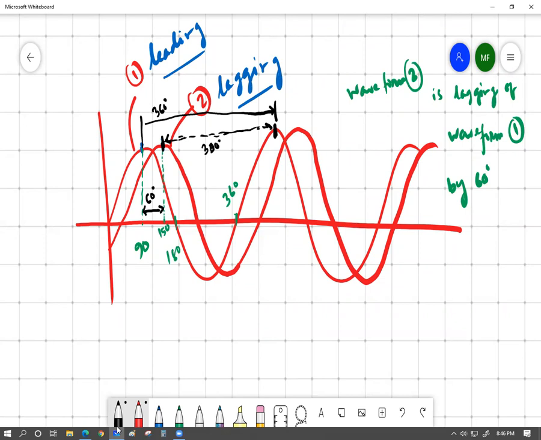That means this information could be also rewritten with the same expression. If I said that waveform, now you can see that if I want to write it in this manner, notice one thing: I see the crest of waveform 1 ahead on the right and the crest of waveform 2 behind. If you consider from left to right, which one is on the right? If I consider this crest and this crest, which is on the right? Waveform 1 is on the right, right?